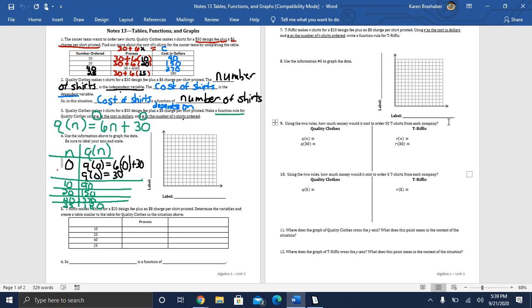And when you do your graph, you need to label what each of the different variables represent. So our N represented the number of shirts, and our Q of N represented our cost.